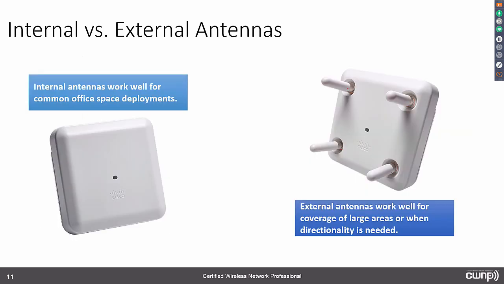Now let's talk about this issue of internal versus external antennas. What I have seen commonly, particularly with people who are not well trained in wireless, is they assume, well, we have this standard AP model that we use, so we're going to use it for everything. I think this has come along into the wireless space from a lot of other things we've done in IT acquisition.